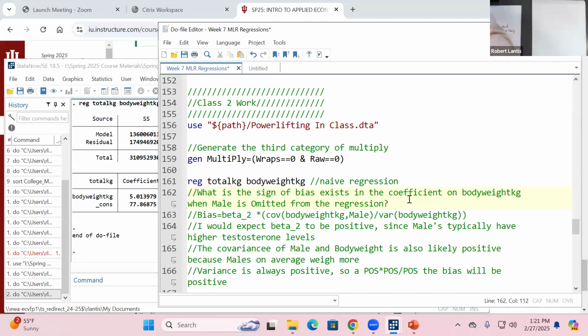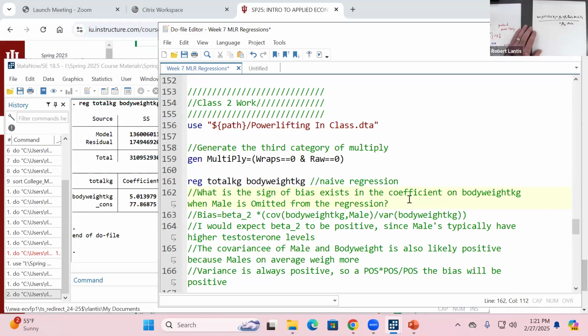So I could ask you a couple things. One question that you might see on the exam is, all right, I don't remember the name of the variable, but weight lifted in kilograms, and then we had body weight in kilograms. If I leave out this important omitted variable that should be included, which is whether or not this lifter was male, just a dummy variable, what would our bias be?